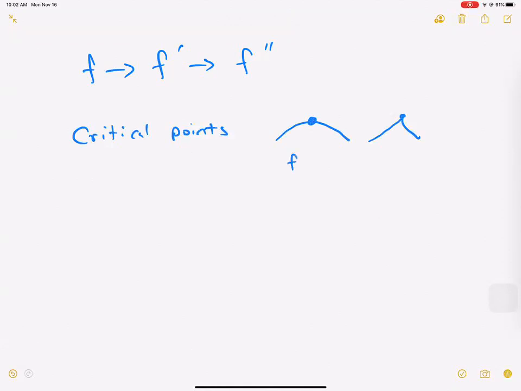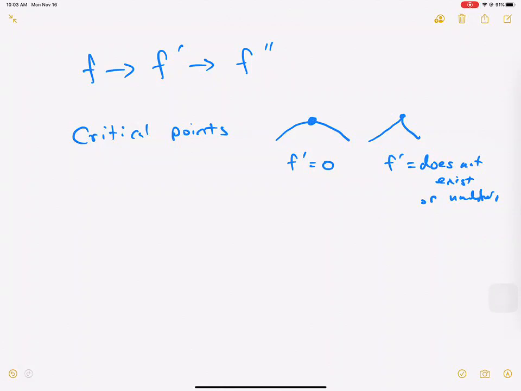So f prime is equal to 0, or f prime does not exist, or is undefined. These points are special. They are not necessarily a min or max, but they are a warning: we've got a problem here.